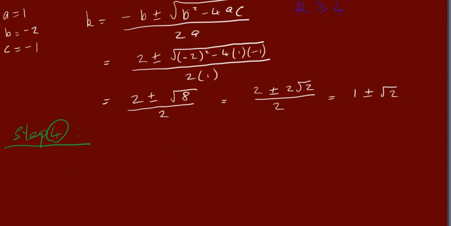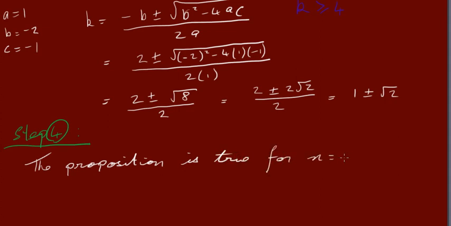So what we're going to do here is say that the proposition is true for n is equal to 1. We did that, sorry, not n is equal to 1. We actually did n is equal to 4 in this particular case. We started with n is equal to 4.